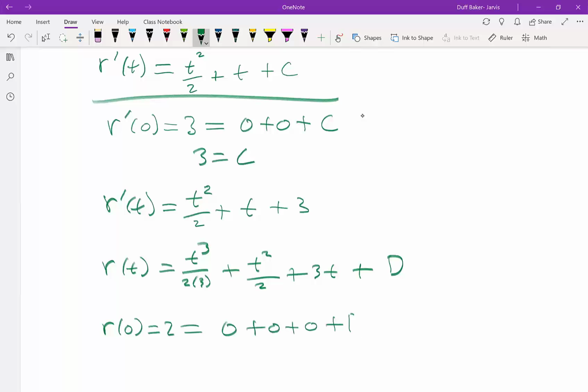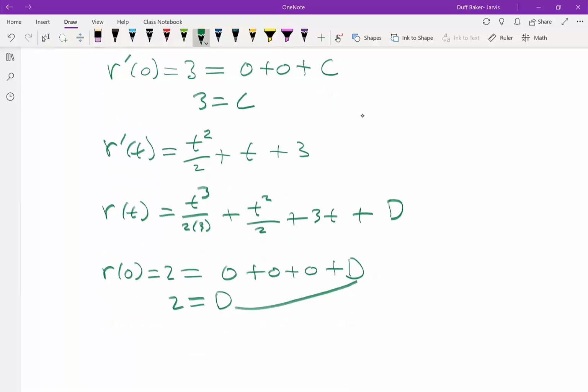So this says 2 is d. And then we throw that in here, and that's our final answer. So r of t is 1/6 t cubed plus 2.